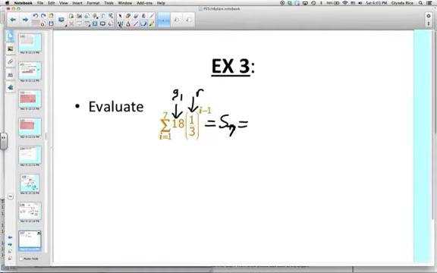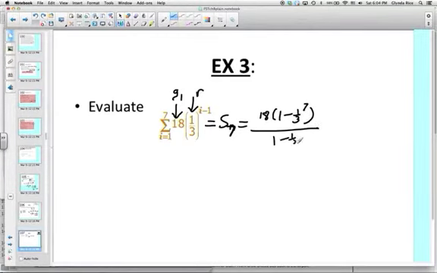G sub 1, which is 18, times 1 minus 1/3 to the 7th over 1 minus 1/3. 3 to the 7th is 2187. So this is 18 times 1 minus 1 over 2187. 1 minus 1/3 is 2/3.